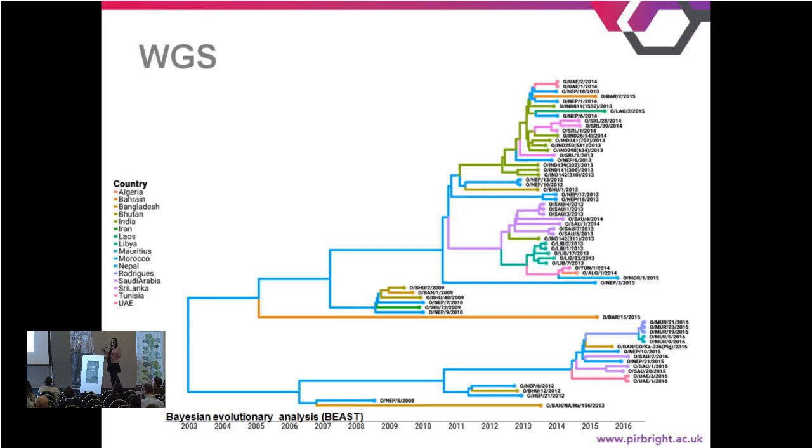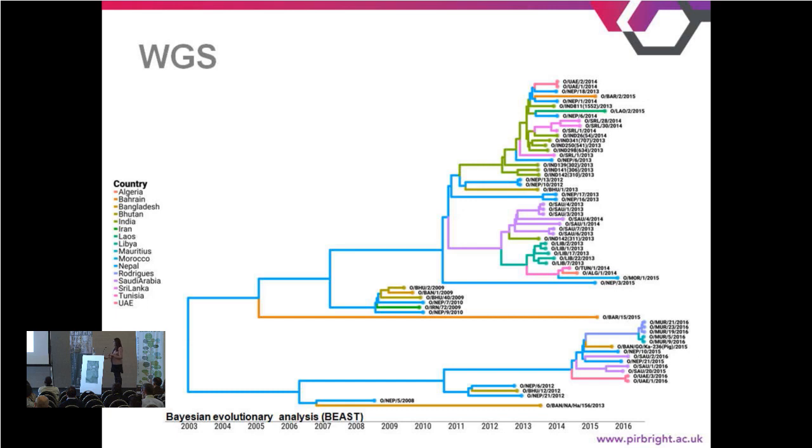So not only do we have gaps in knowledge in terms of geographical location of the samples, but we also have gaps in terms of time scale. However, the analysis, which traces their most recent common ancestor on the time scale, indicates the origin of the outbreaks within the Indian subcontinent.